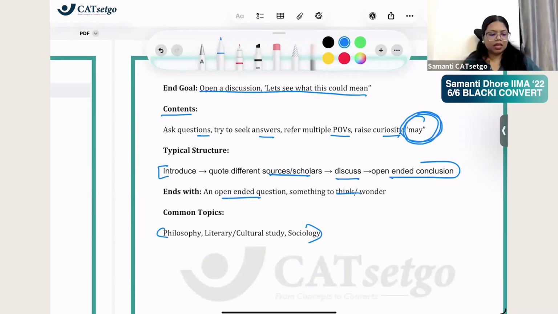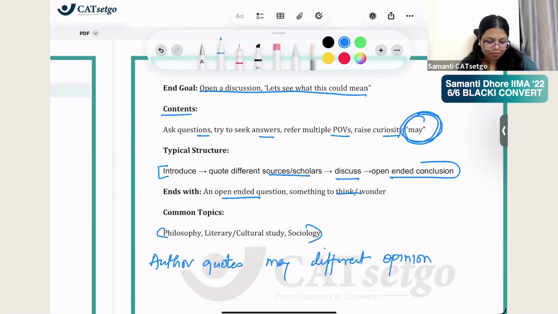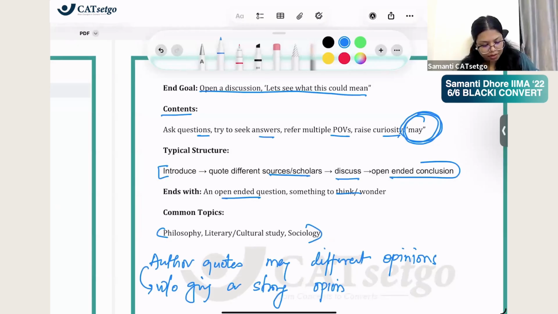Okay, in these kinds of questions, the author's opinions are less, but the author quotes many different opinions. This person said this, that person said that, without giving a strong opinion themselves.